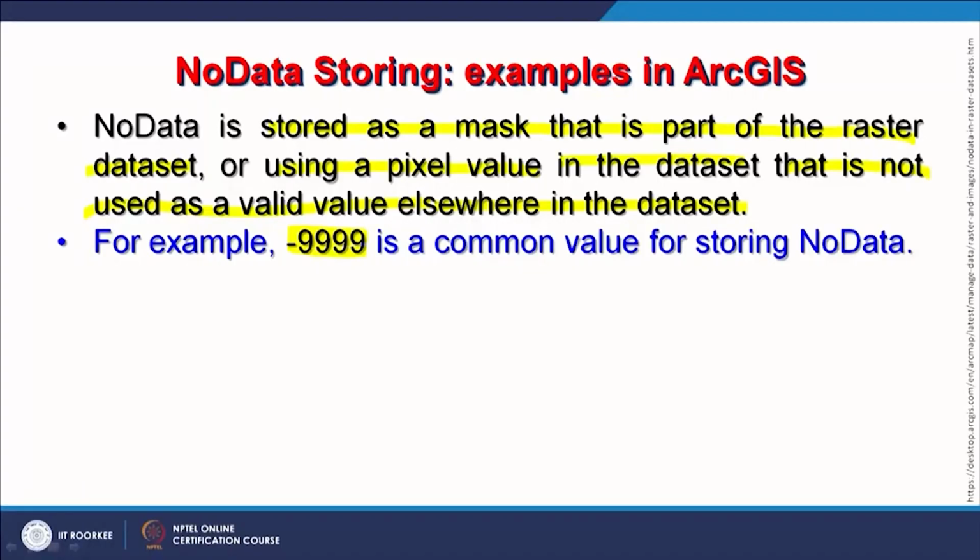It is impossible, and therefore the system is told that whenever this value is encountered, please consider it as no data and ignore it in all your calculations. So basically this is how no data is handled.